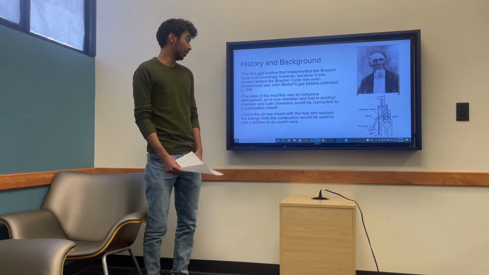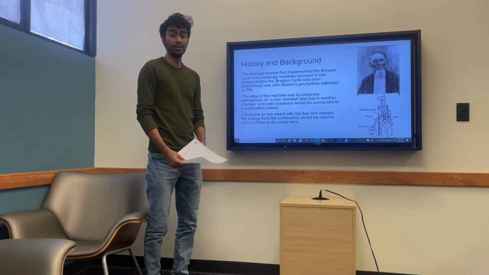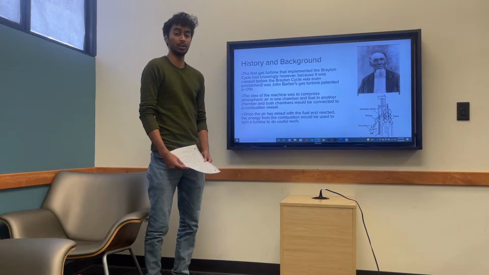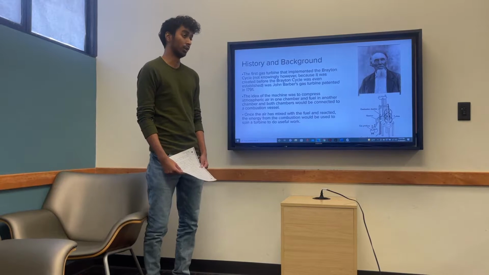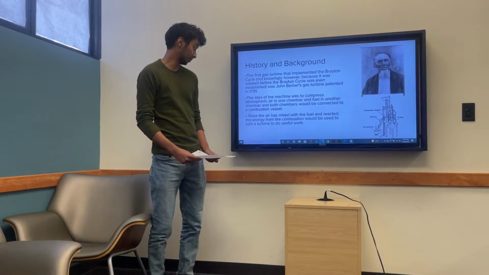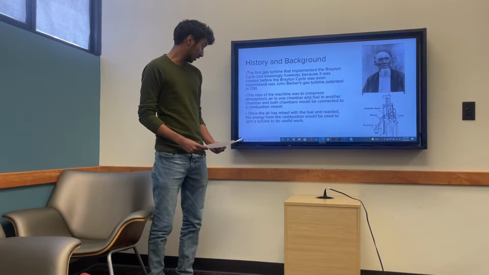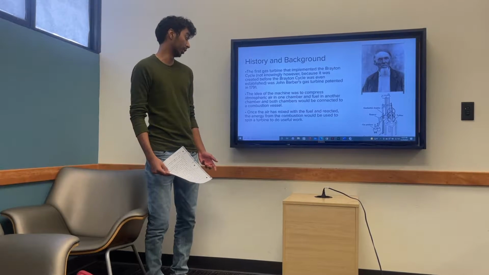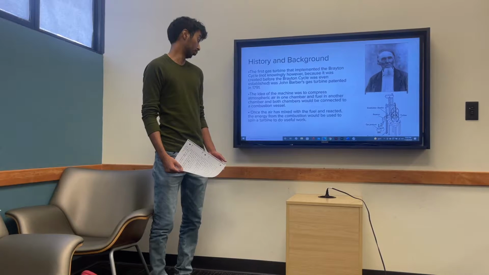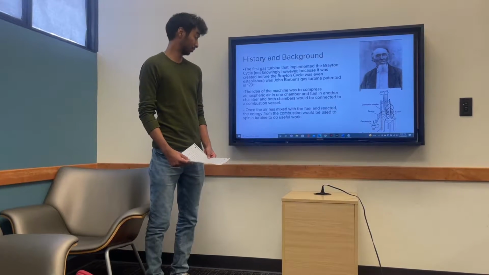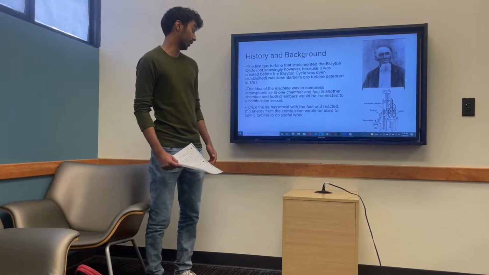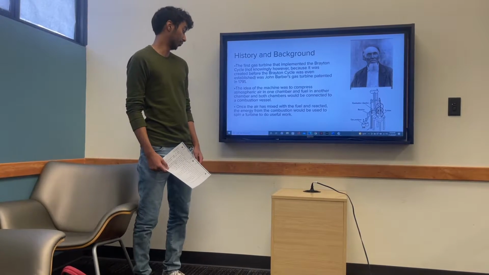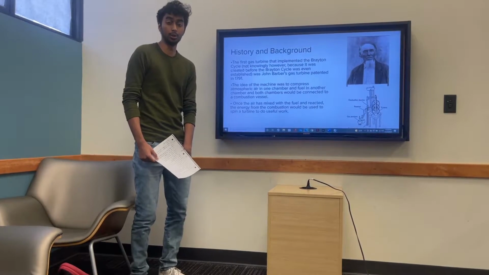He created this engine unknowingly using Brayton cycle's concepts, as the Brayton cycle was not established back then. The idea of the machine was to compress atmospheric air in one chamber and fuel in another chamber, and both chambers would be connected to a combustion vessel. Once the air has been mixed with the fuel and reacted, the energy from the combustion would be used to spin a turbine to create useful work.